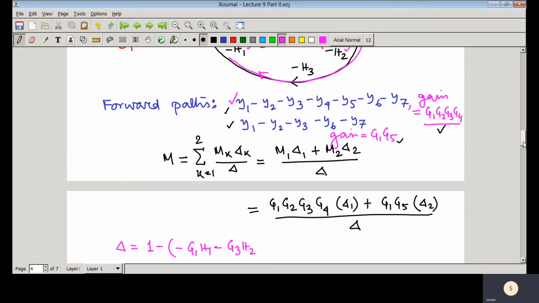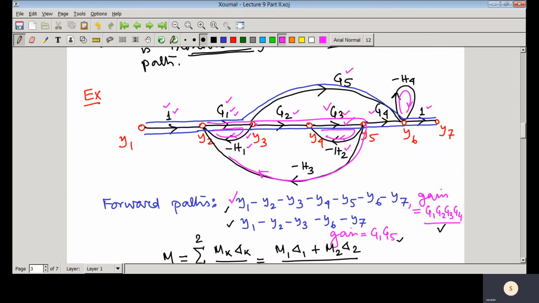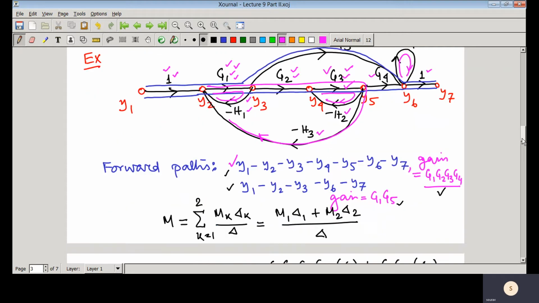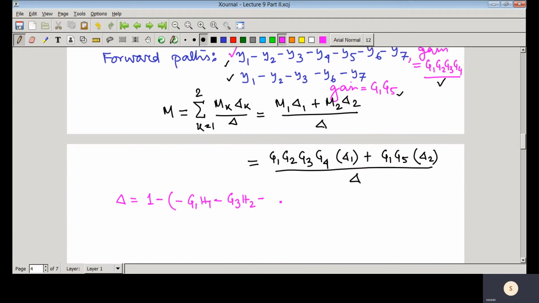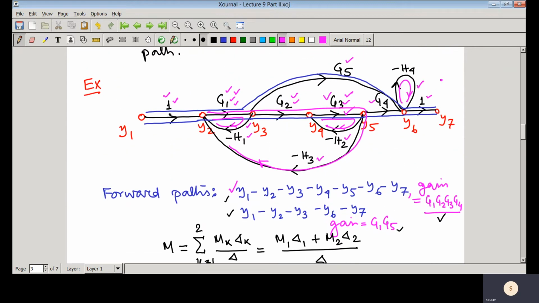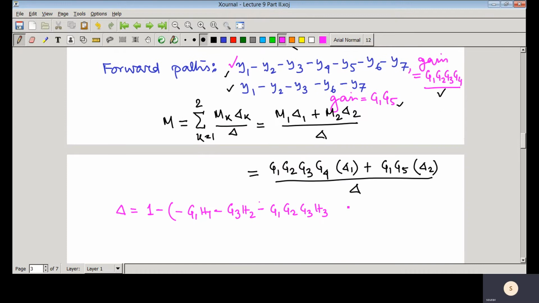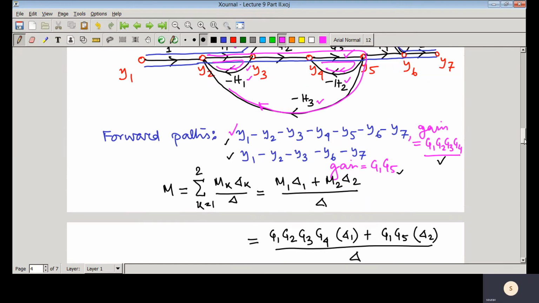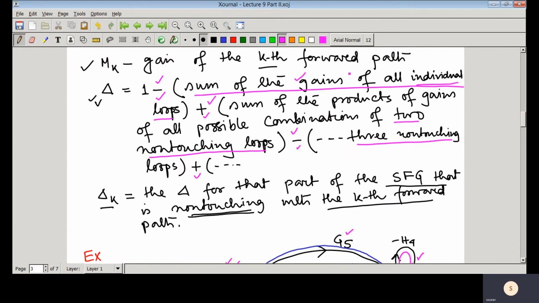Then we have this bigger loop, that is G1, G2, G3, then minus H3. So minus sign I have taken here. And we have another individual loop, this one, that is minus H4. So we have done the first part.